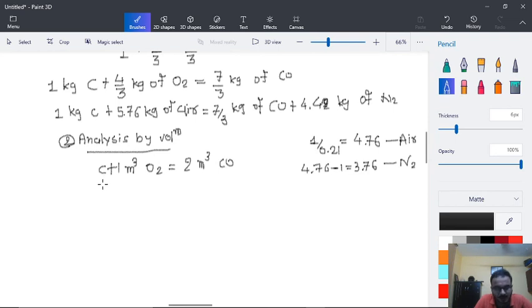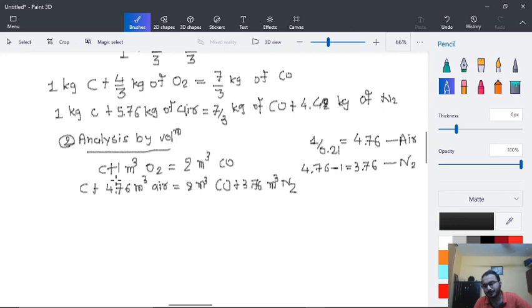So the final answer will be like this: C plus 4.76 meter cube air is equal to 2 meter cube CO plus 3.76 meter cube N2. So this will be the final relation here.